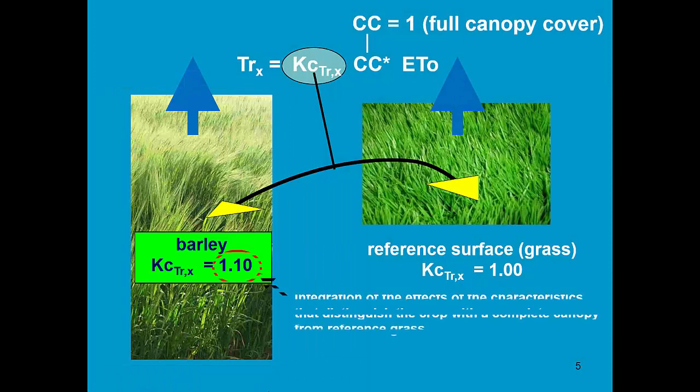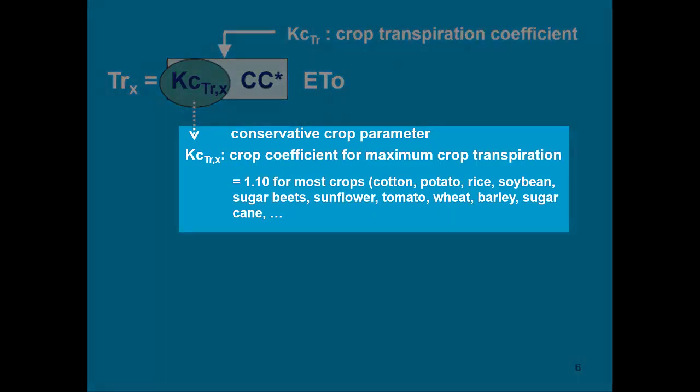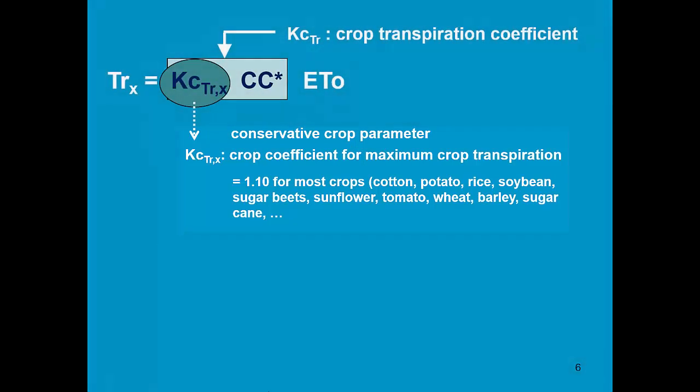It describes the difference between the reference surface and my crop. The crop will transpire different than my reference surface, mainly due to differences in the aerodynamic resistance. For most crops, the proportional factor, the crop coefficient for maximum crop transpiration, is around 1.1.